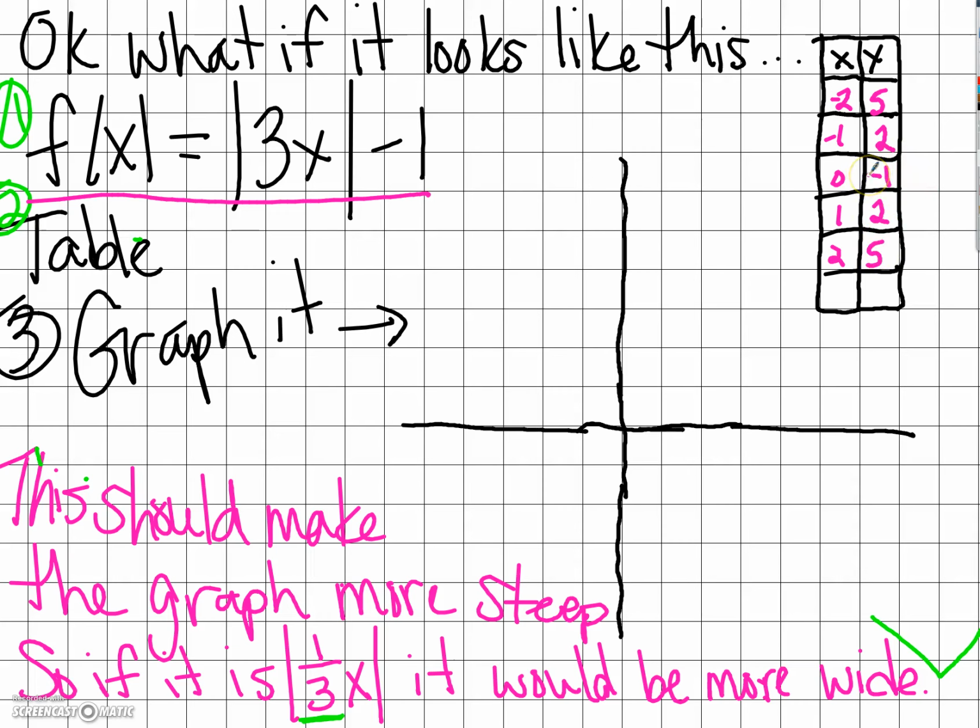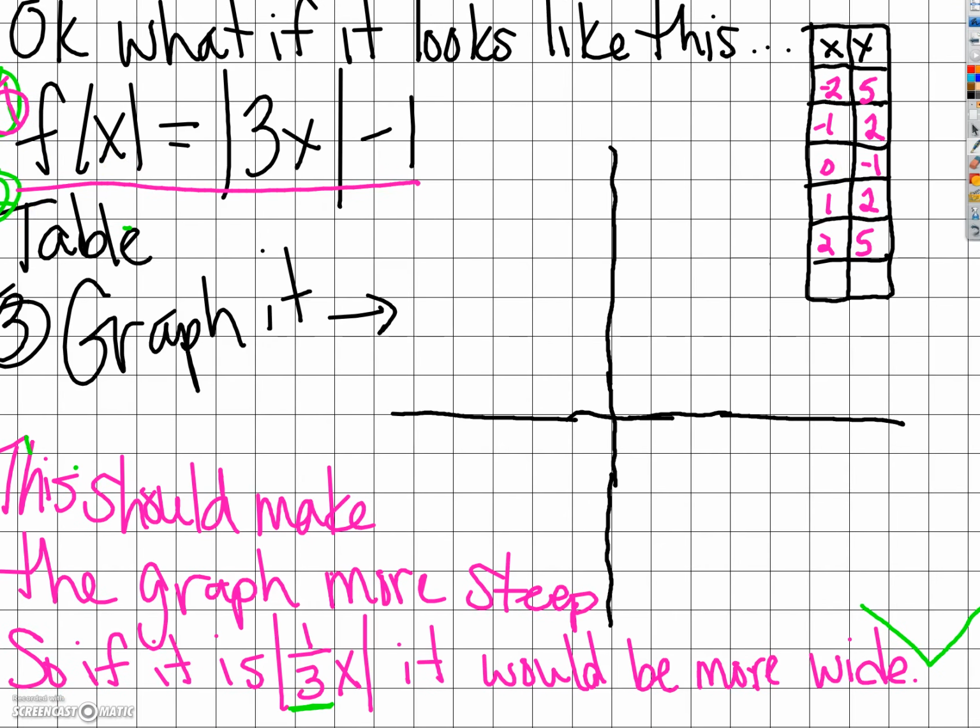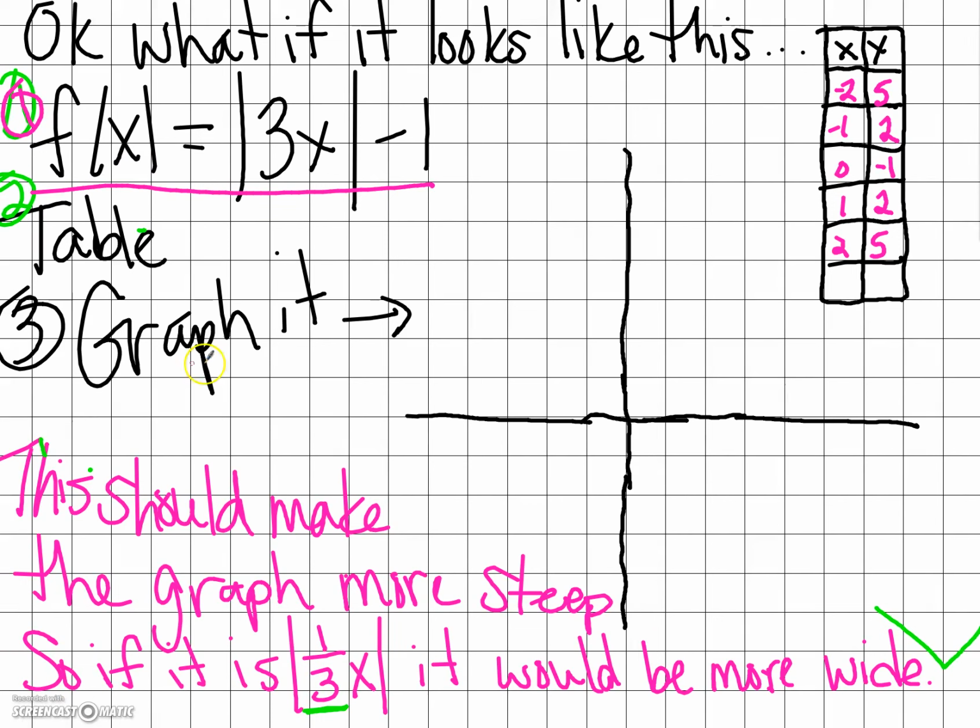So, remember, first thing we do is the function. We have the equation. Then we're going to go to the table, and then we're going to graph it. So let's take our function and graph it.